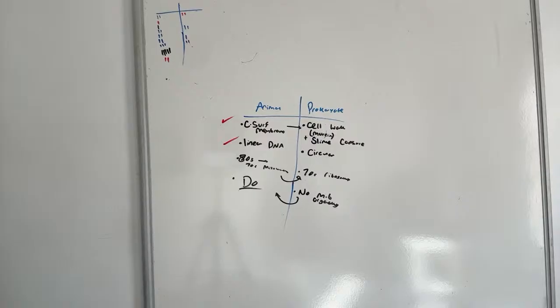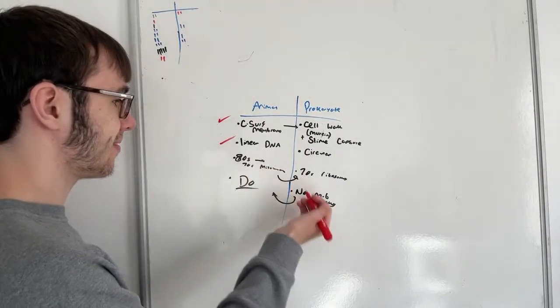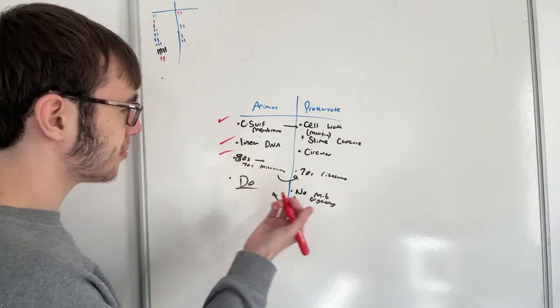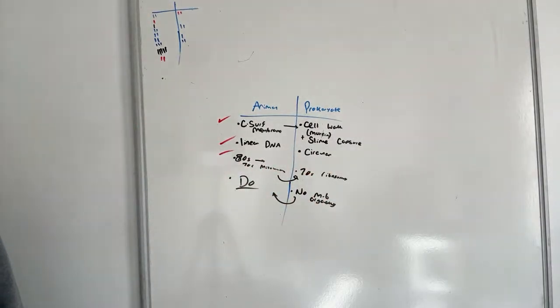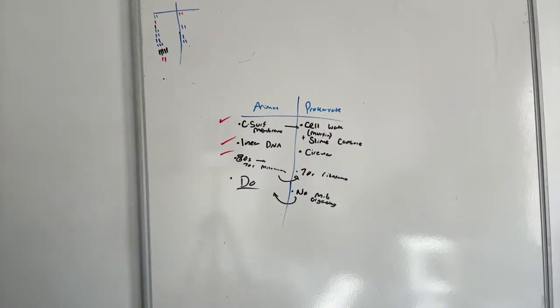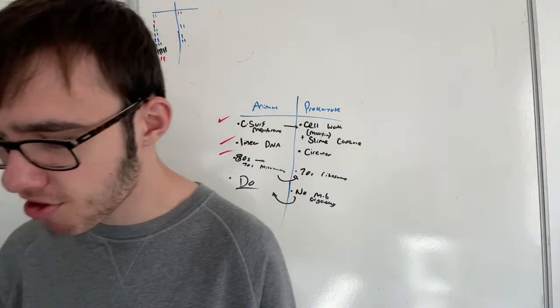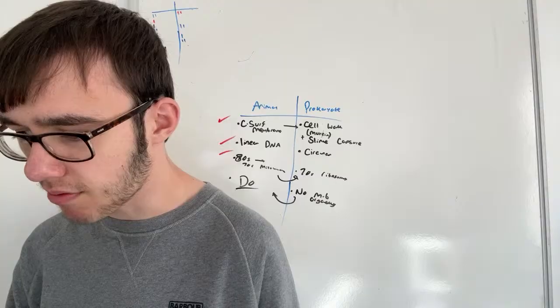A has larger ribosomes. I guess that's probably a mark. I said 80S, 70S. Where is the mark? Really? There's no mark for saying no membrane-bound organelles.